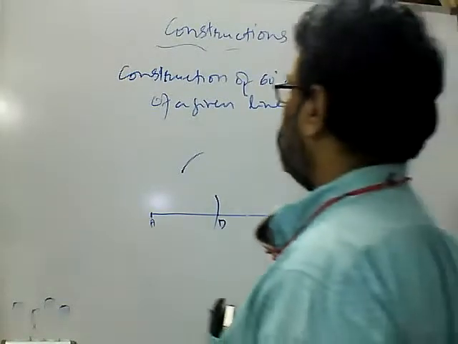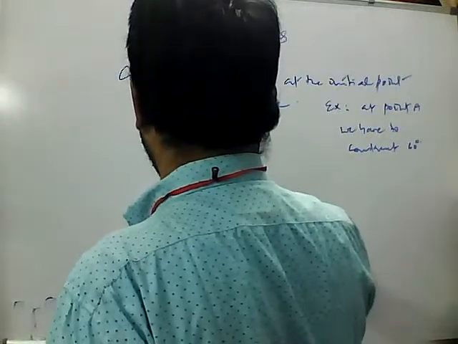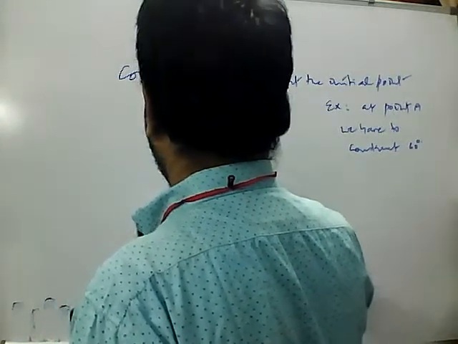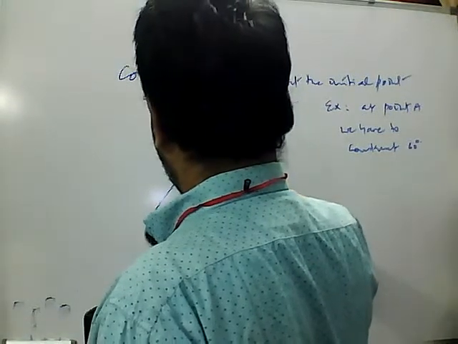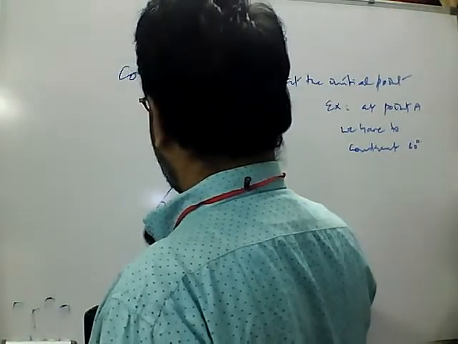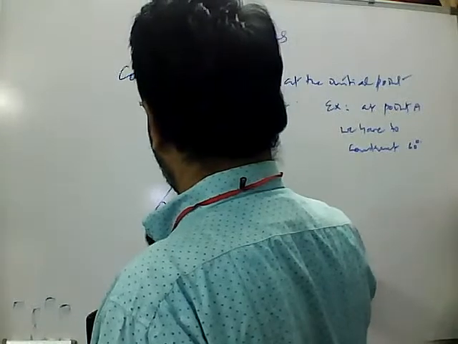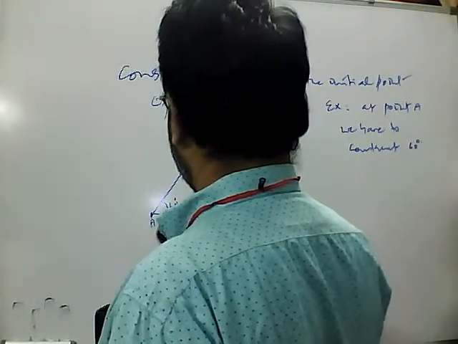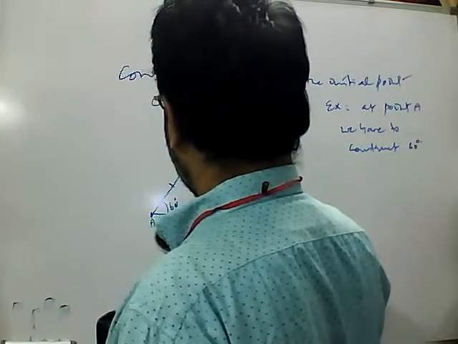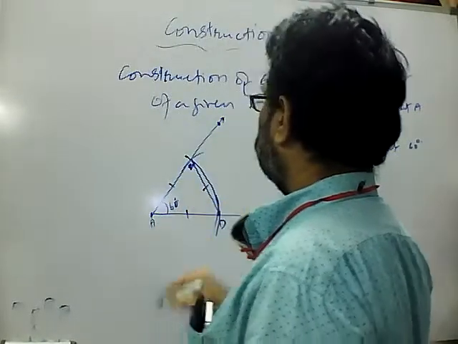So first an arc here like this, and again here. So join this. This is A. Now this angle must be 60 degrees because if you join this, this is equal and this is equal and the other three are equal. I'll tell you how to go.